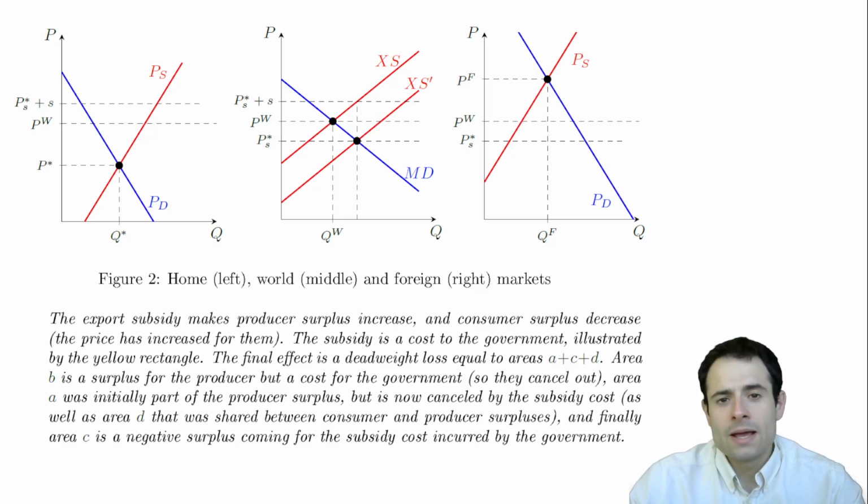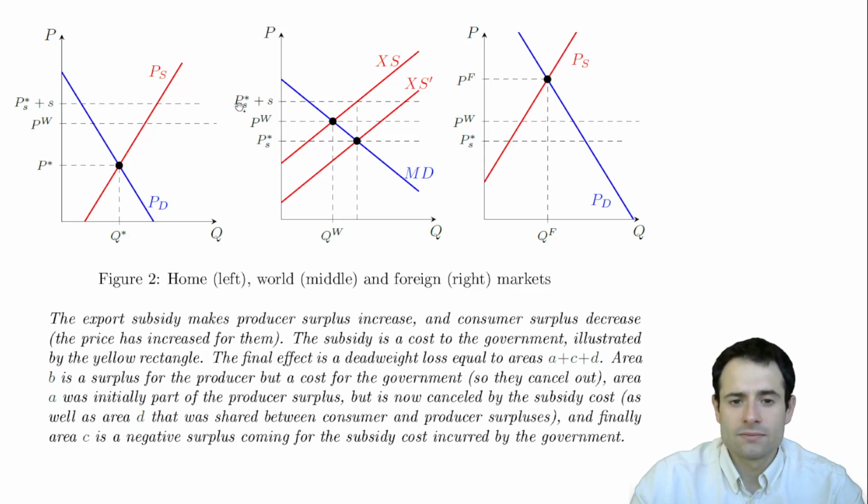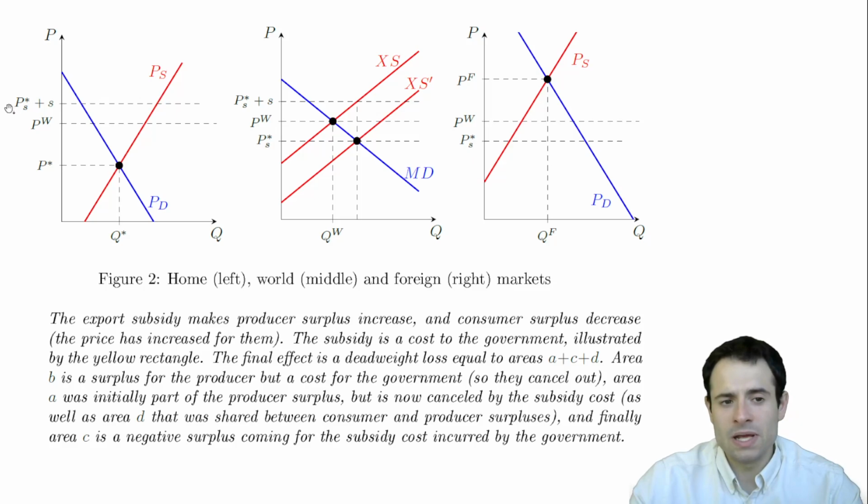At the end of the day, between the home country and the foreign country, firms will perceive a price equal to P star S plus S. In the home country, it is simply imposed on consumers. In the foreign country, they sell the goods for P star S and they get S on top from the government.